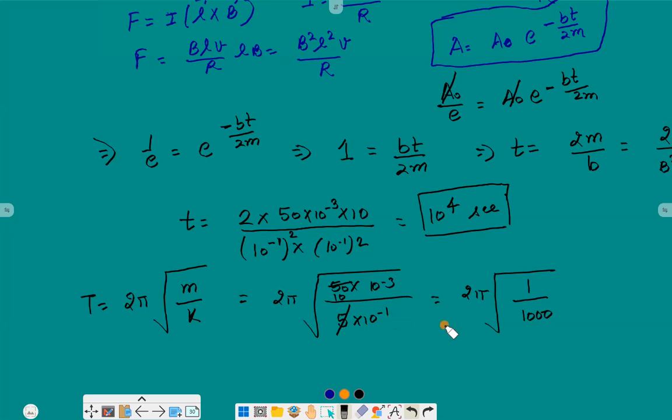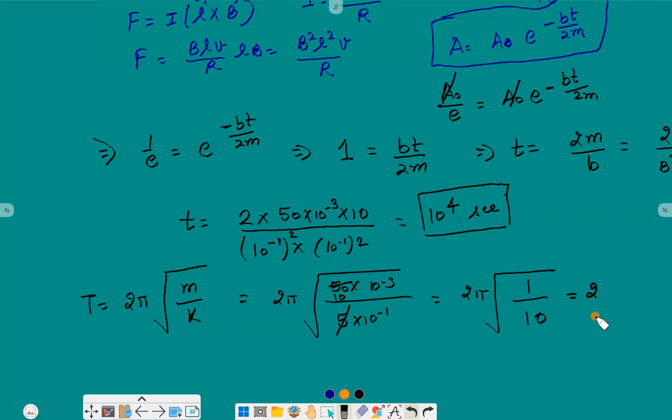Sorry, wait a minute, not minus 3. This will become 100. So it will be 1 by 10, sorry. So this is 10 raised to power 2 into 10 raised to power minus 3, 1 by 10.